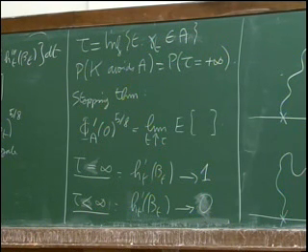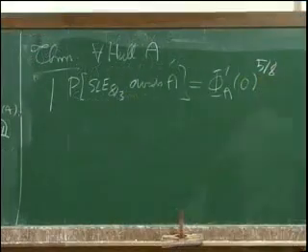So for every hull A, the probability that SLE 8/3 avoids A is equal to phi A prime of 0 to the power 5/8. So this is what we get from all these considerations here.